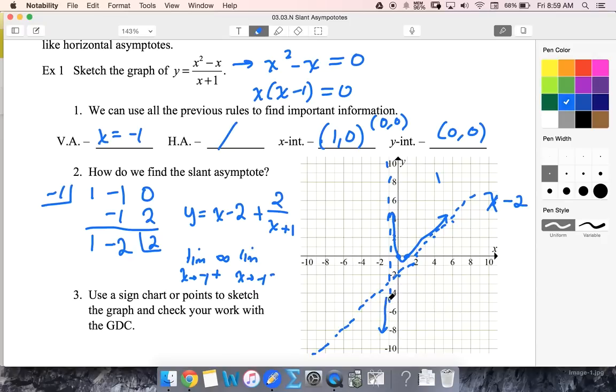And now thinking about going towards negative infinity, well, negative infinity minus 2 is taking me towards negative infinity. As I go towards negative infinity, this is going to turn into a negative decimal. So making my number even more negative, I'm going to be under the line. And so there's what my graph is going to look like.